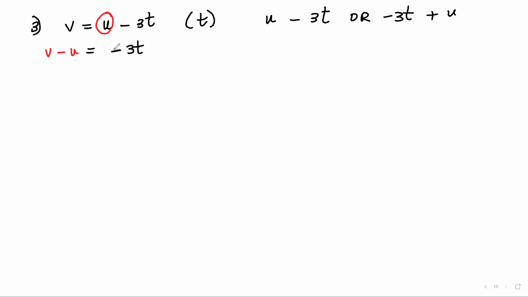So the coefficient here, guys, I want you all to pay close attention to this. The coefficient of t is actually -3, right? -3 is the coefficient of t. So not just 3, but -3.